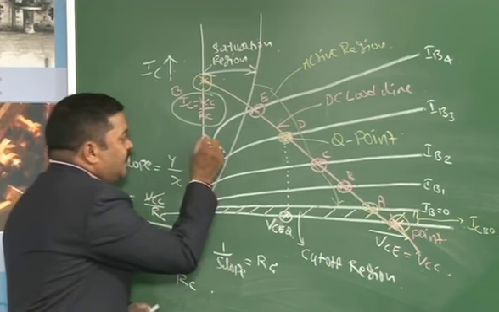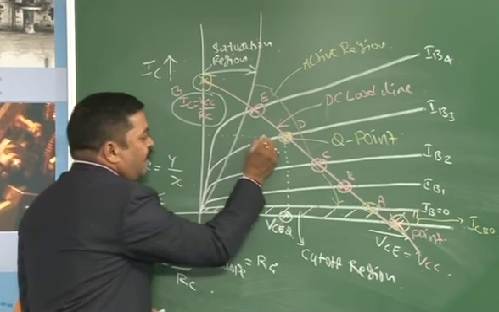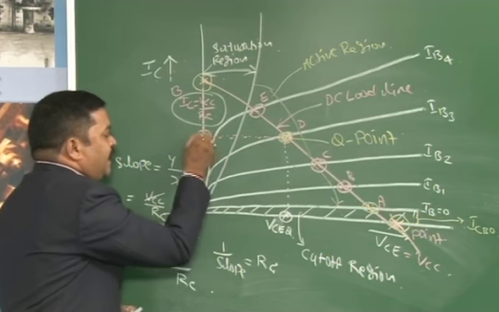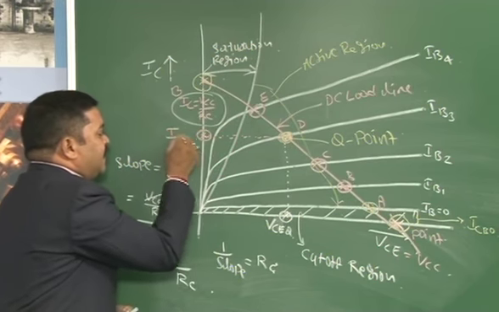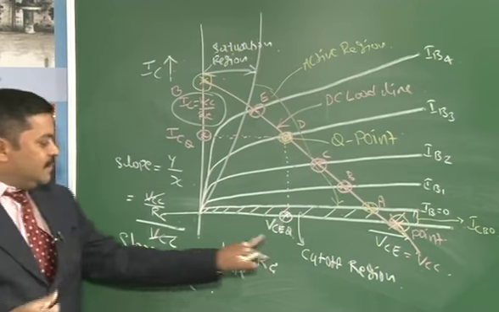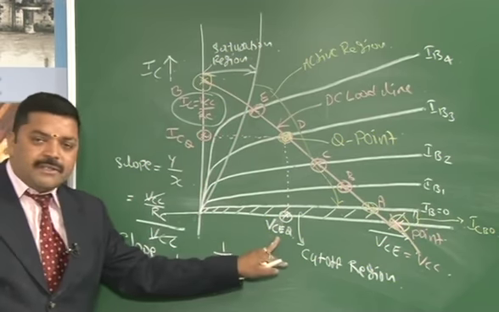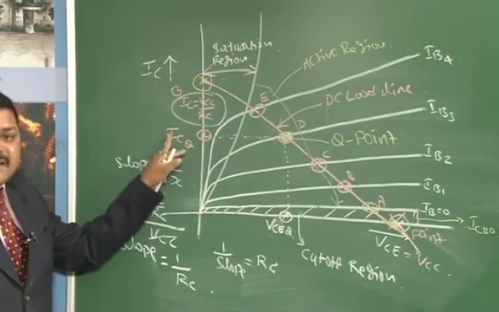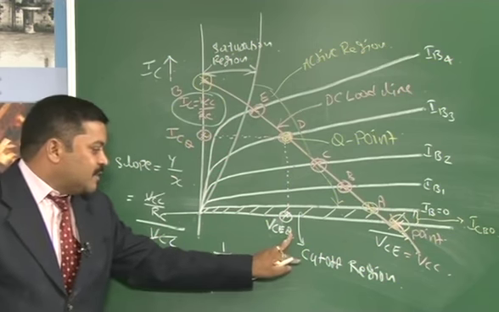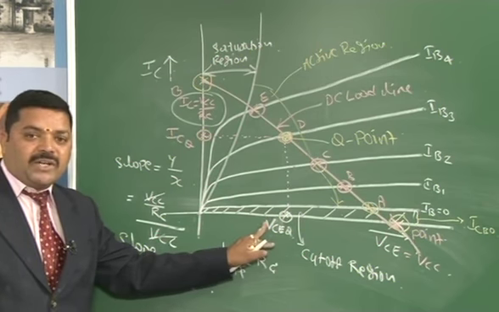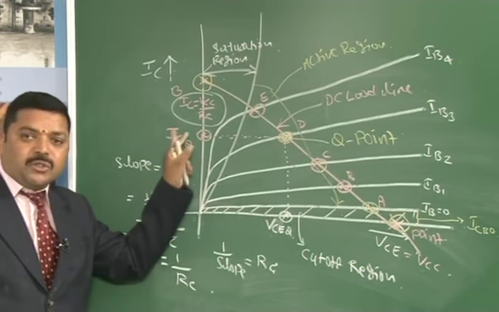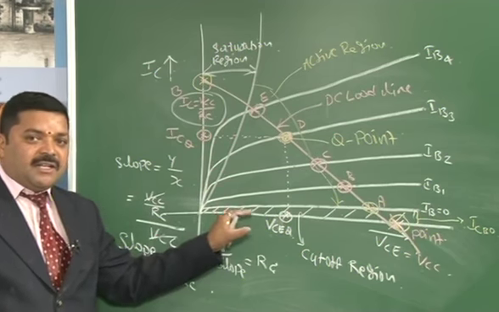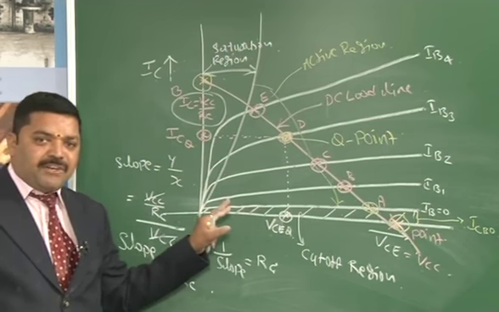Then when we extend this Q point horizontally to touch the IC axis, at this point we get the current called ICQ. So, what are these ICQ and VCEQ? ICQ is the quiescent collector current and VCEQ is the quiescent collector to emitter voltage. These two values should be maintained during the passage of the weak signal in the amplifier, then only we get faithful amplification.